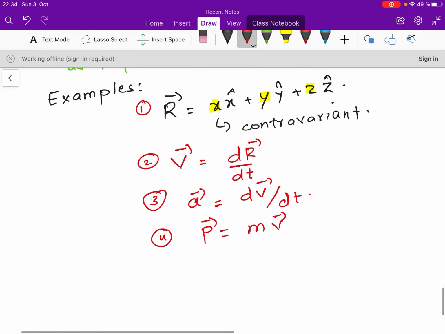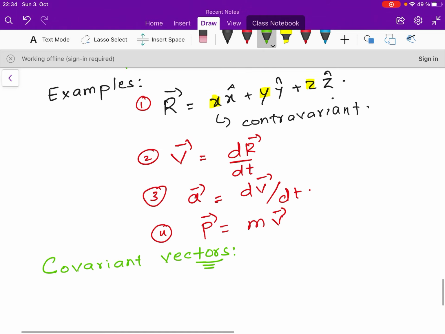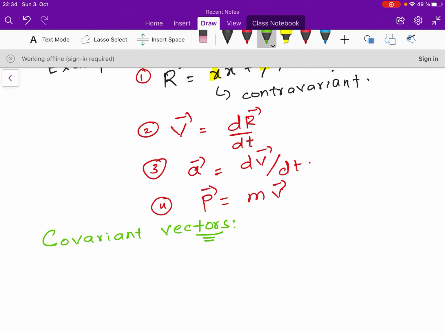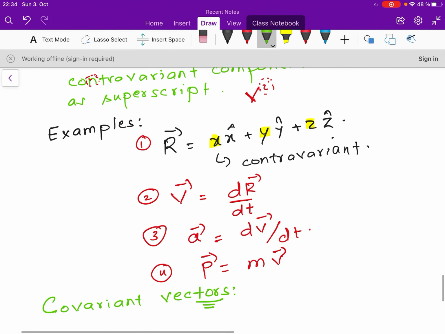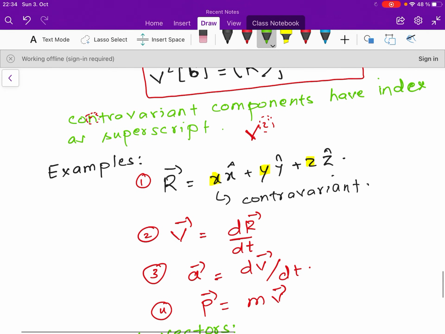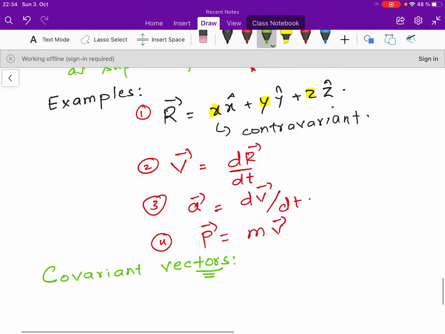So now we come towards covariant vectors. The transformation which is here, such transformation in the previous case is called contravariant transformations.